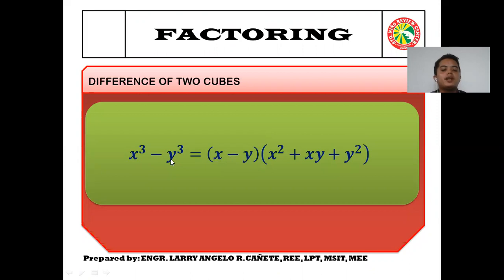If it satisfies the given requirements, then that is factorable. So there is no negative inside the parentheses, so all are positive. It is always positive. So the rule is square the first term, the product of the two, and then square the last term.